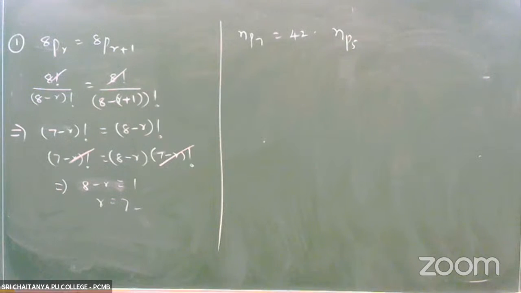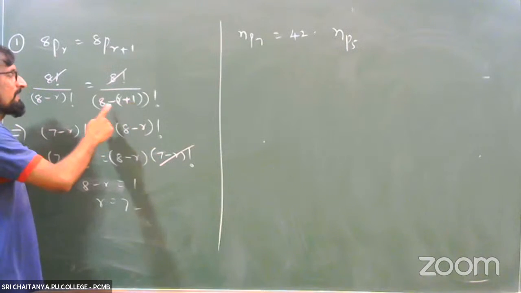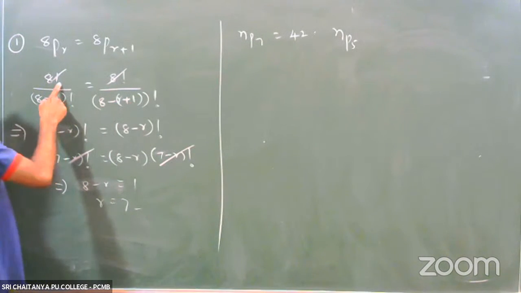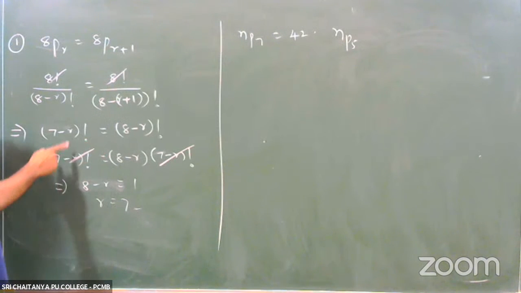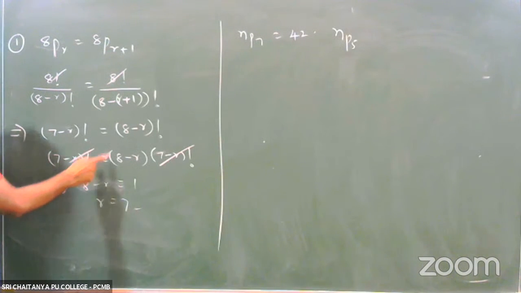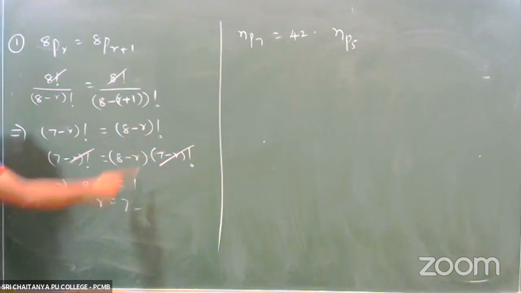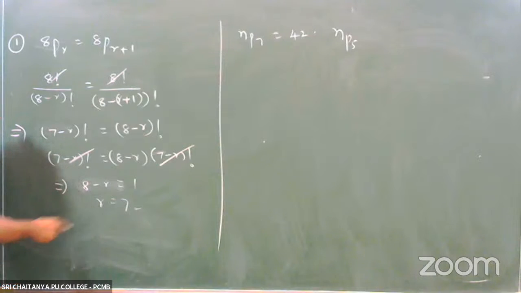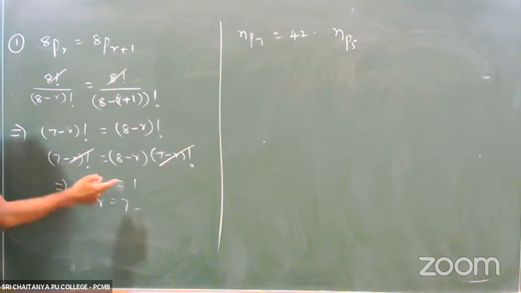Now, by doing cross multiplication, here you are going to get 8 minus R minus 1, means 7 minus R factorial is equal to 8 minus R factorial. 7 minus R factorial is equal to 8 minus R into 8 minus R minus 1, which is equal to 7 minus R factorial. Cancel. 8 minus R is equal to 1. R is equal to 7.